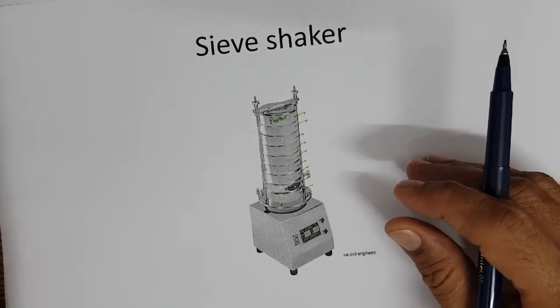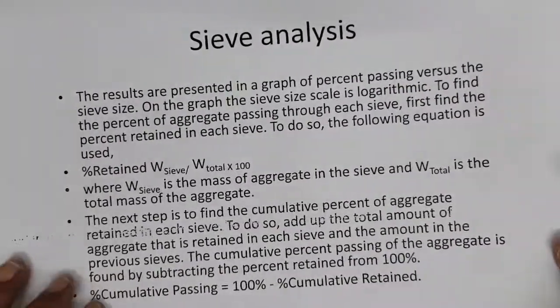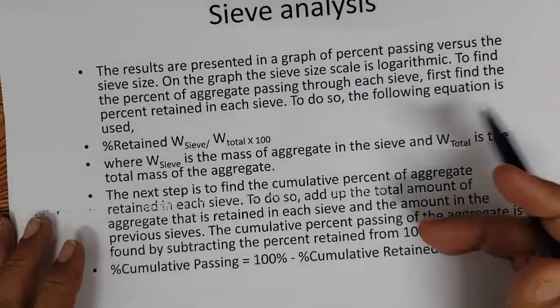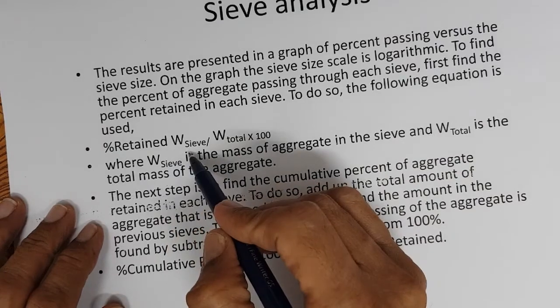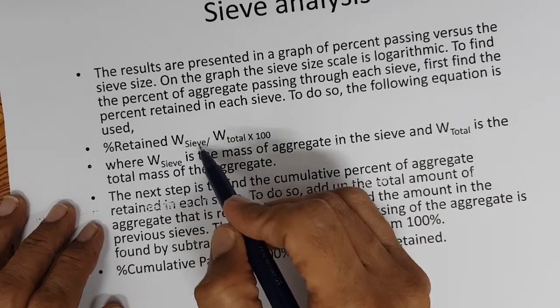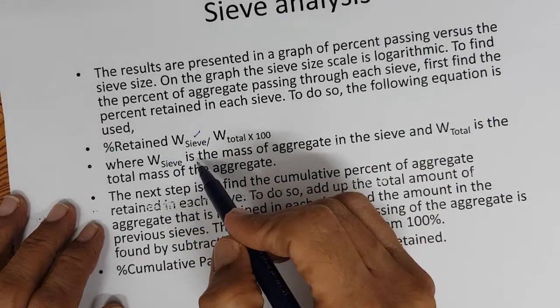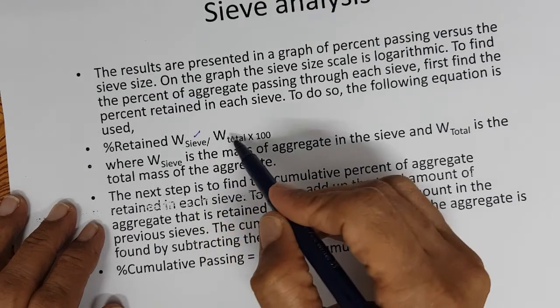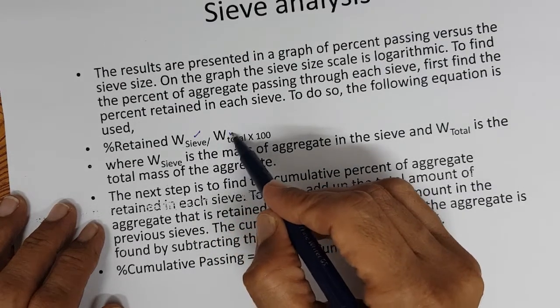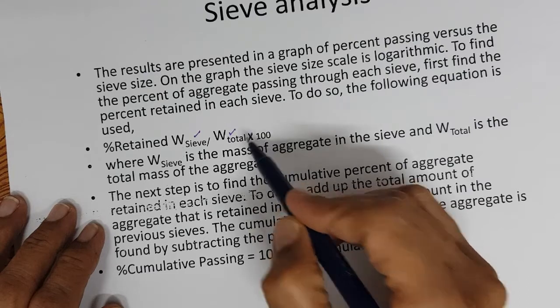So for example, percentage retained in a particular sieve is the weight in that sieve divided by the total weight into 100.